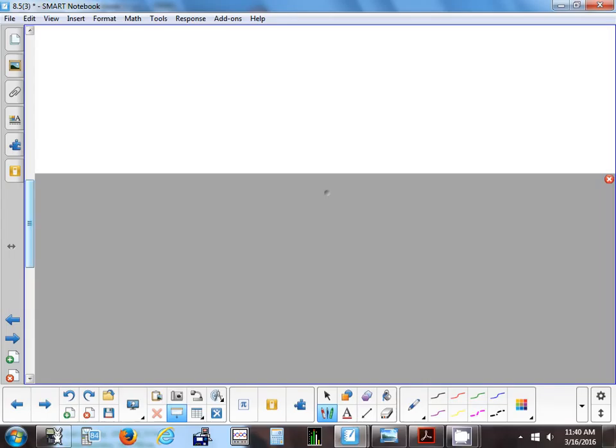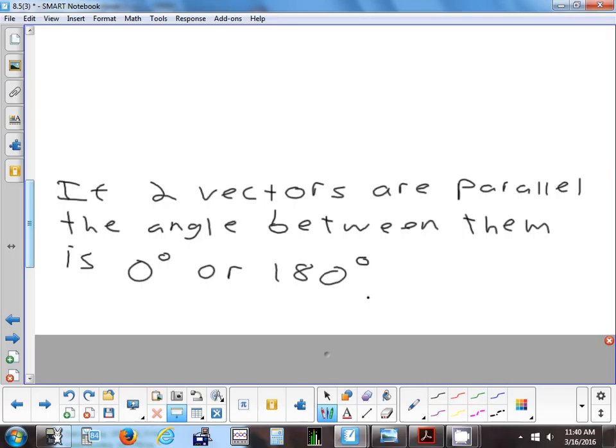There's going to be some angle. 180 is an option, and there's also one other option, which is the same as 0. So if you have vectors that are parallel, the angle is 0 or 180.